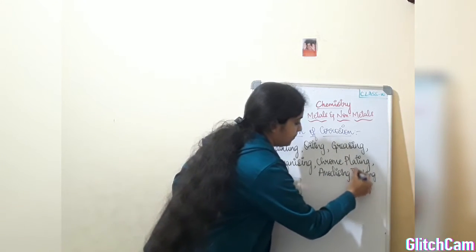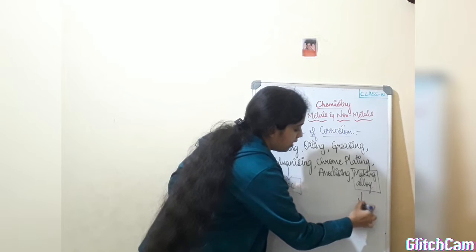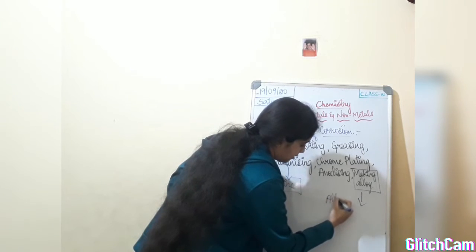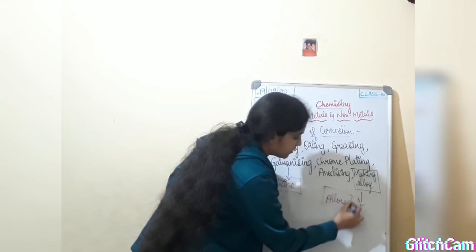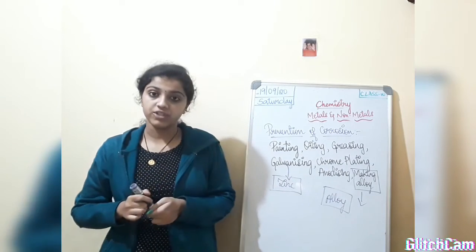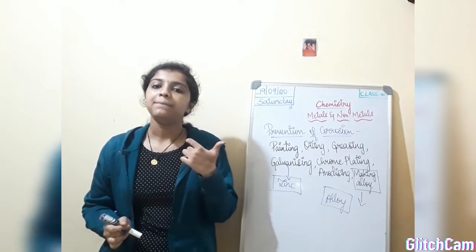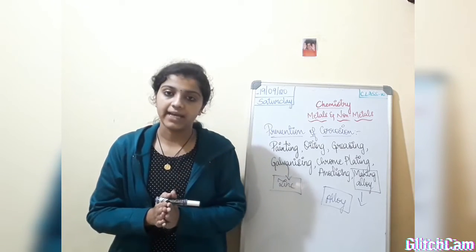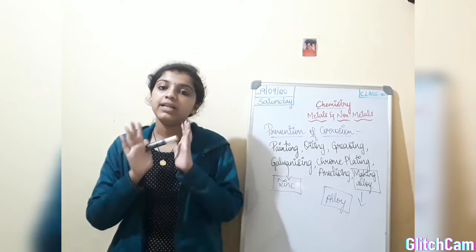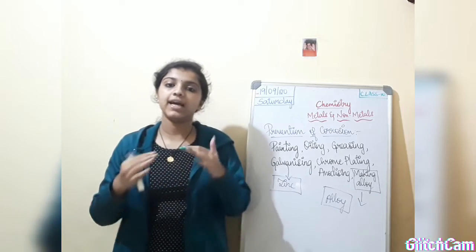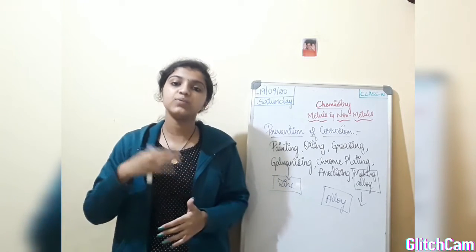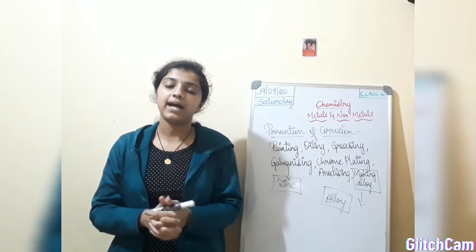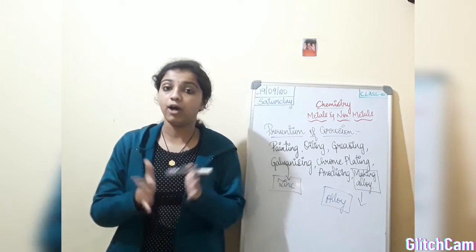Making alloys. An alloy is a homogeneous mixture where a metal and a non-metal, or a metal and a metal, are mixed together in definite proportions. Generally, metals are not used in their pure state. They are mixed with other substances to have a longer life.